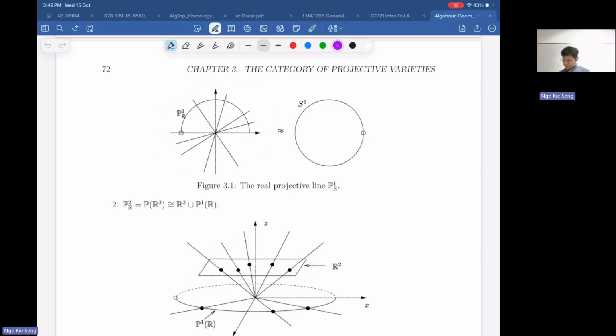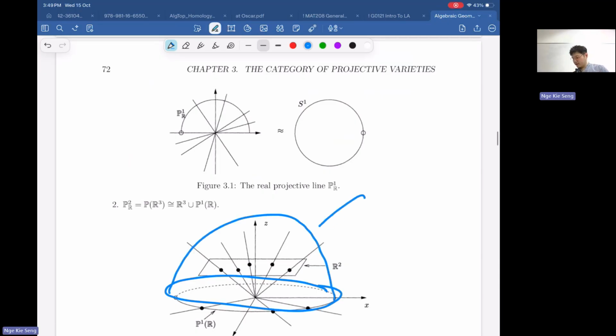This is like here, right? And then here. So this part is like the D2. Sorry, B2. B2 bar. And then on this boundary, we identify with the antipodal point. So this is topologically RP2.